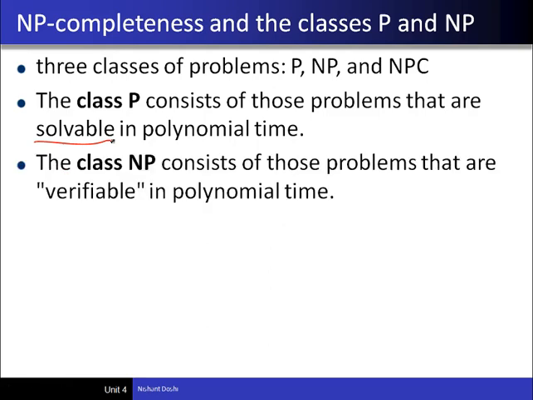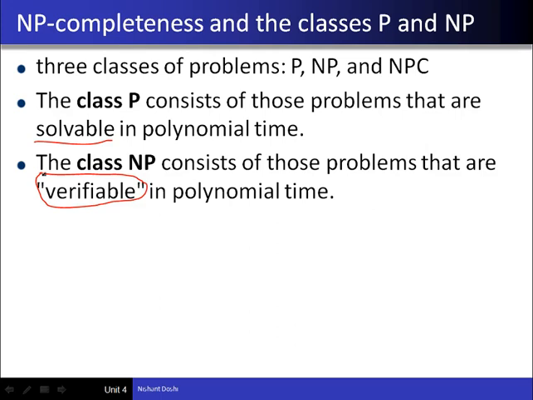Now the next is NP, non-deterministic polynomial. The word here is verifiable. Verifiable means if we give you a solution, you are able to verify whether it's a solution or not.